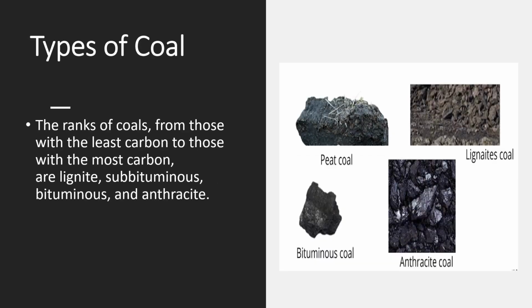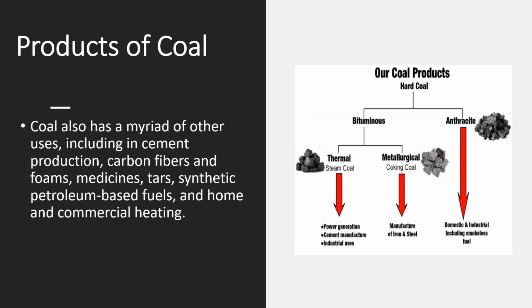The ranks of coals, from those with the least carbon to those with the most carbon, are lignite, subbituminous, bituminous, and anthracite. Coal also has a myriad of other uses, including in cement production, carbon fibers and foams, medicines, tars, synthetic petroleum-based fuels, and home and commercial heating.